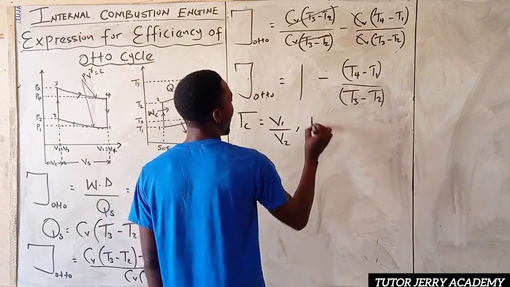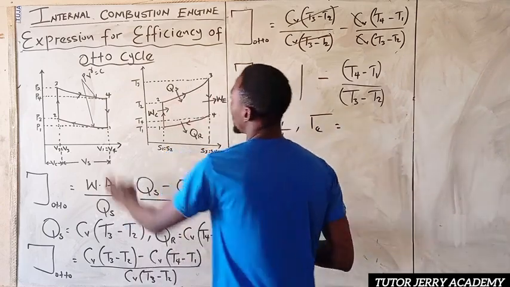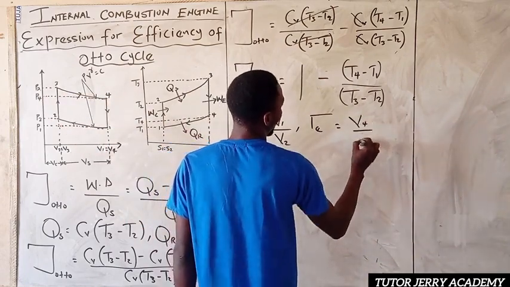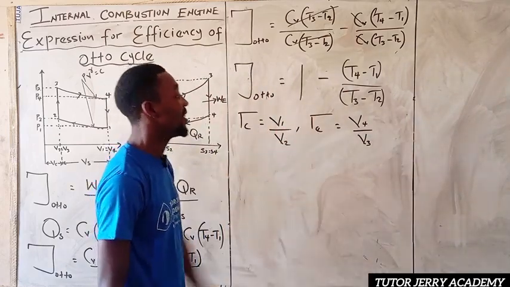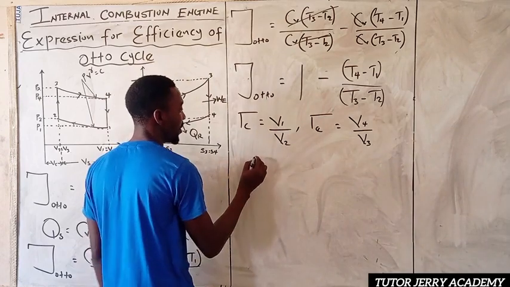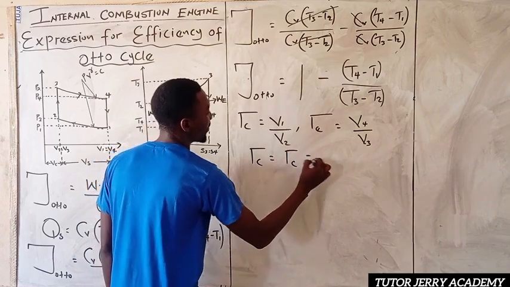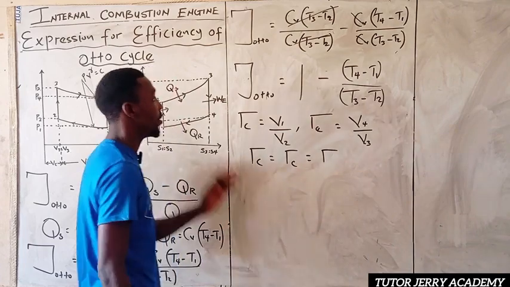And then we also have expansion ratio, which is V4 all over V3. So both of them are equal, right? They are the same. So we can therefore say compression ratio is equals to expansion ratio. Let's say everything is equals to R. Exactly. All right. So let's leave that.